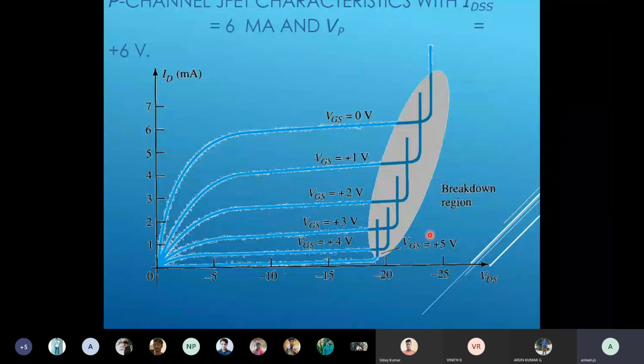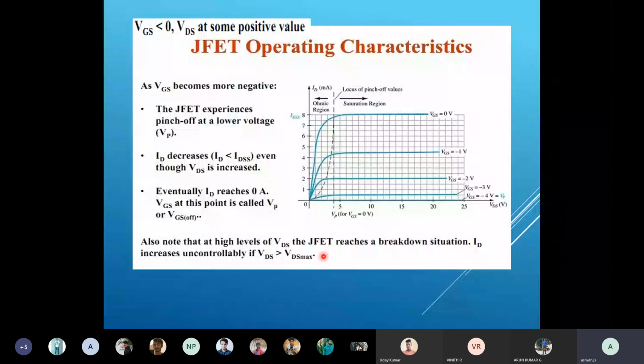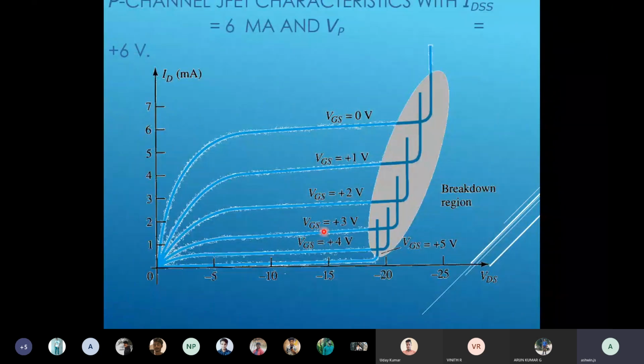And look at this, this is the p-type characteristics. VG equal to 0 means maximum current, VG positive means it is reducing, and if you give more positive the current decreases further. But in the N channel, if I give negative voltage it decreases, while in the P channel if I give positive it decreases.